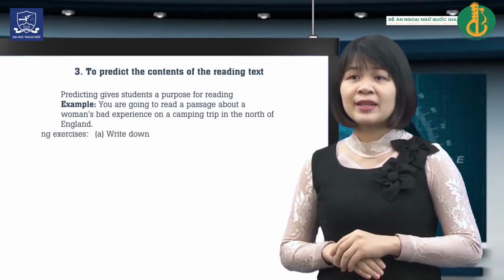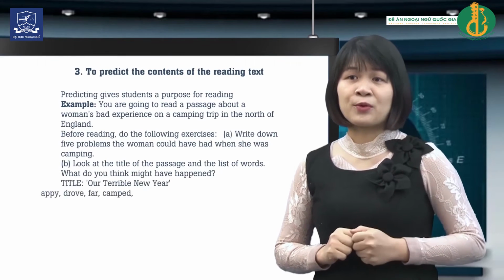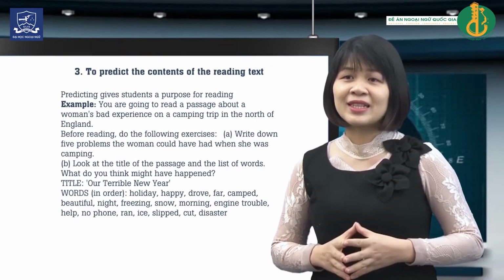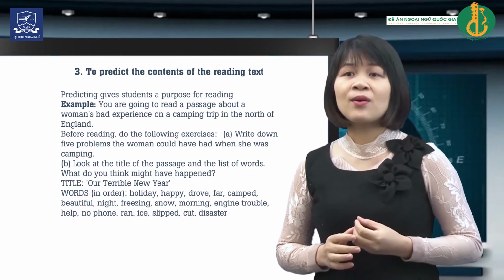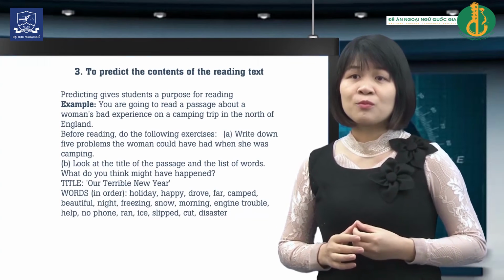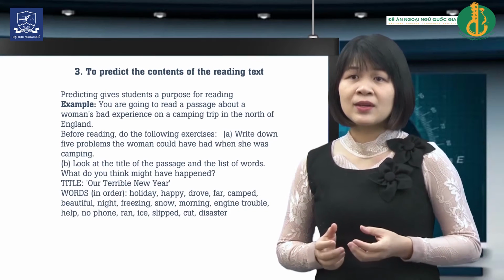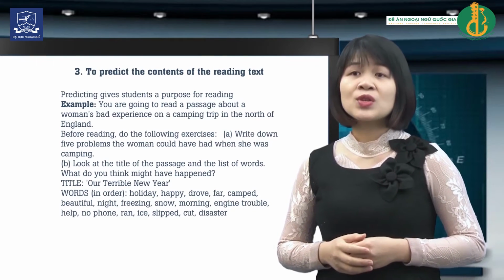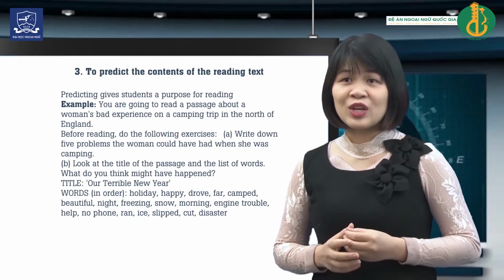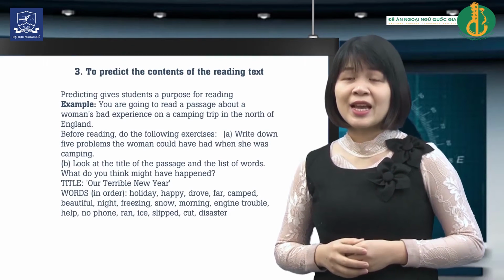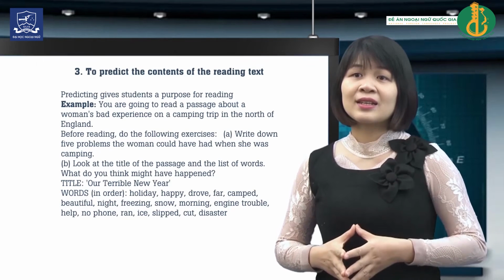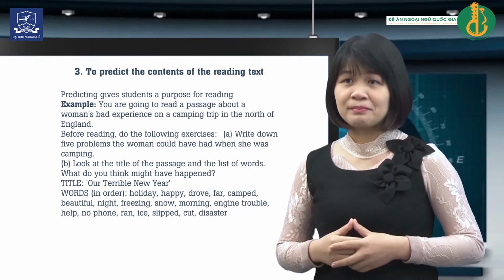In the pre-reading exercise as given in the example, students are asked to predict the contents of the text based on the title and a list of words. Previewing the text, particularly the title, subheadings, and figures, also helps readers predict what they are going to read, and this hopefully helps them read faster and understand the text better.